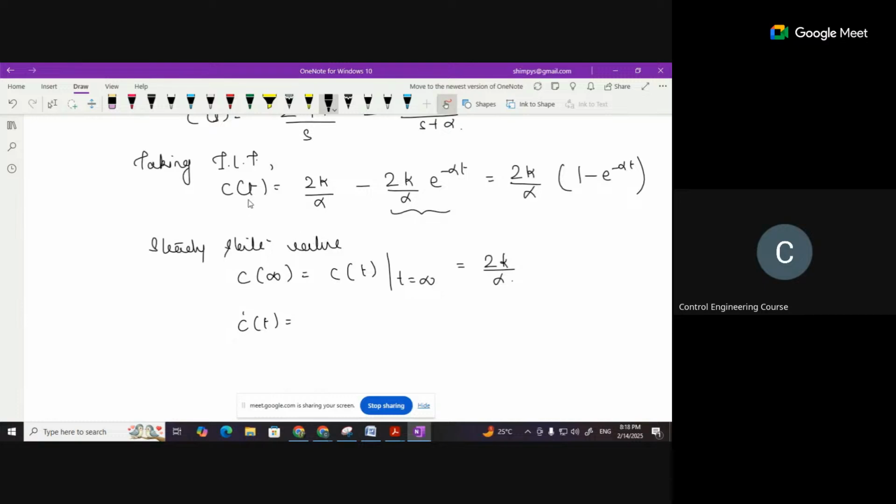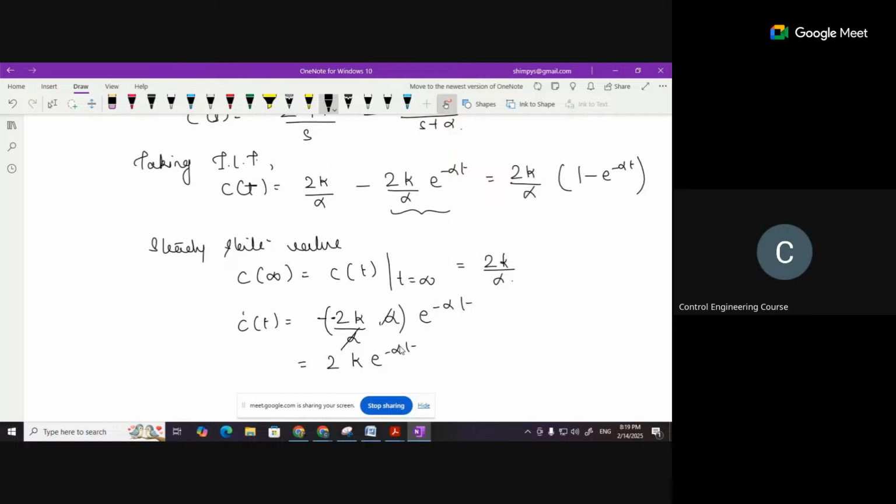You just find the derivative of it. That is the slope of the system. It is minus 2K by alpha times e to the power minus alpha t times minus alpha, which comes out to be plus. Alpha gets cancelled, and this becomes 2K e to the power minus alpha t.